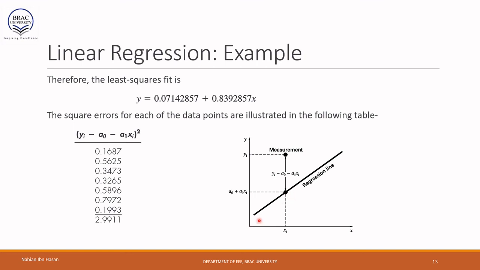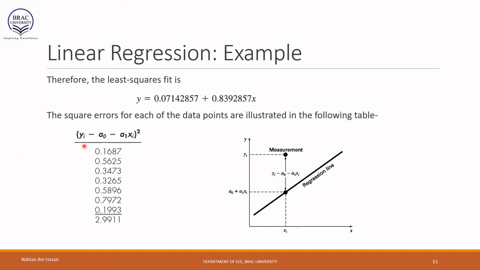From this straight line equation, a naught plus a1 xi, we can determine all the approximated values for all of these data points xi, and then we take the subtraction from the individual true points.